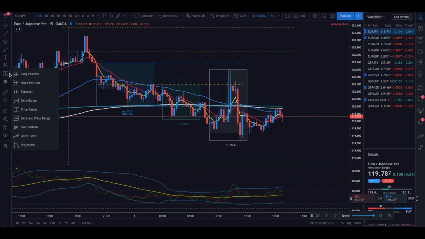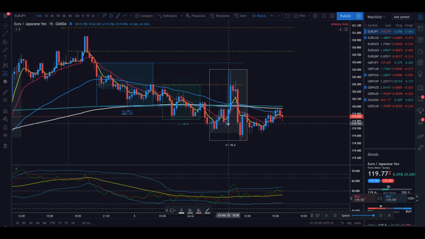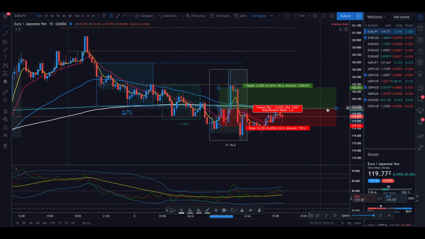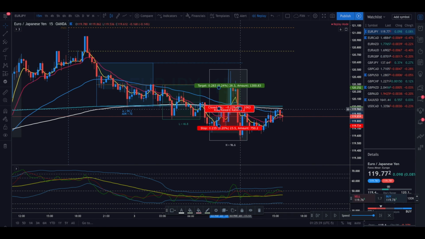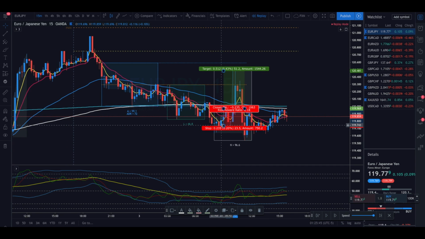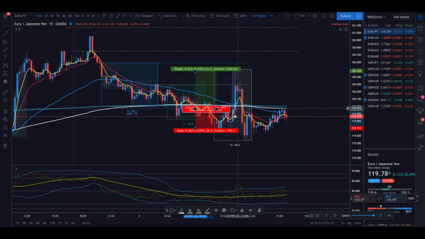So this particular setup was on that entry there, and then about 3 candles later you had this nice spike all the way up to almost the top of the range, and this whole move was news induced.